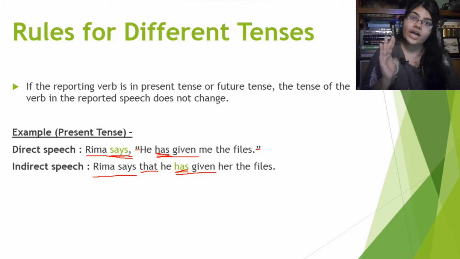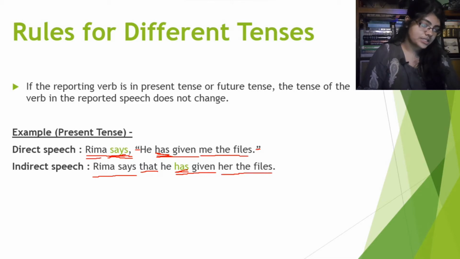Why is that happening? Because the reporting verb is in present tense. Now the rest of the sentence, me the files will be her the files, because Rima says that. Rima is a girl, that's why the me will be changed into her. Am I clear?